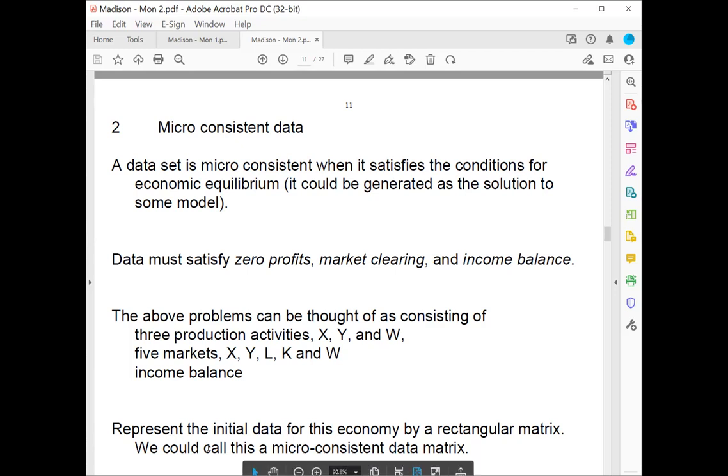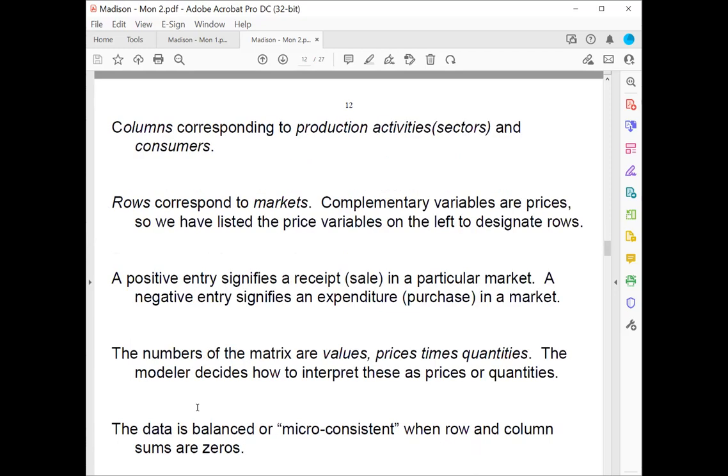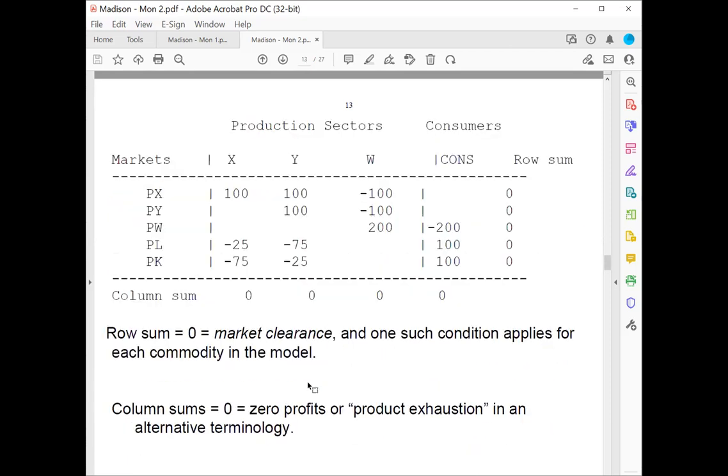So I have a kind of technique that I probably got from Tom way back, where we just create a little matrix, and the requirements for micro consistency in this matrix are very straightforward. So I just go to the matrix itself rather than read all this stuff.